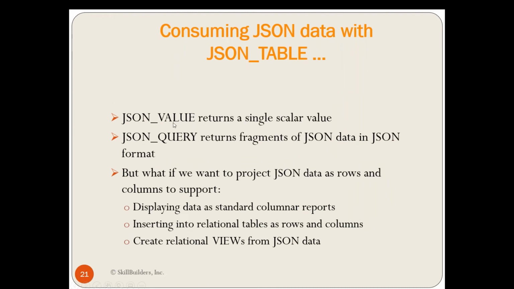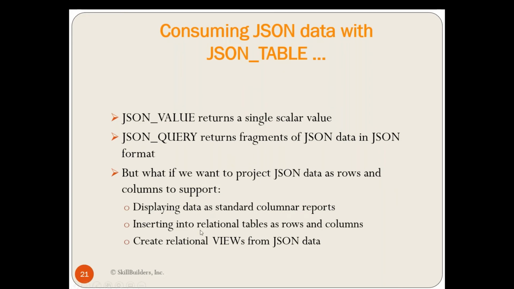Okay, we did JSON value, JSON query. What if we want to project our data as rows and columns? JSON data is hierarchical. We need to change that structure to rows and columns. Well, why would we want to do that? Well, we may want to display data as a standard column in a report.